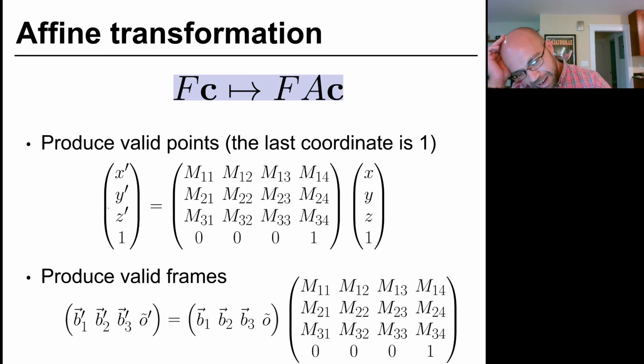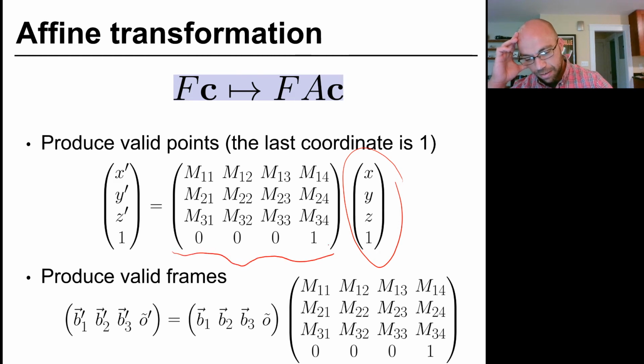So one thing that you should check is that when I take the coordinates of a point in this 4-dimensional space and I apply that general matrix M to it, I need the last coordinate to remain a 1, or else I've broken the rules. The rules are that if I want to represent a point, the last coordinate needs to be a 1.